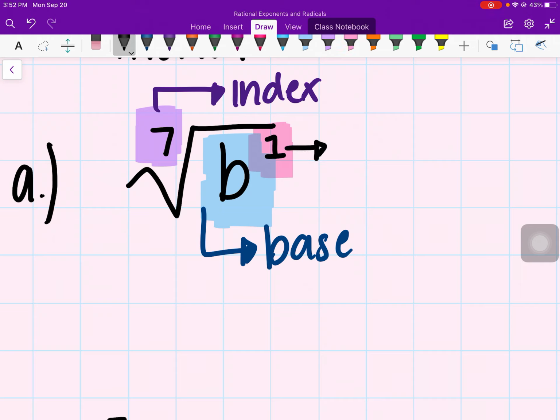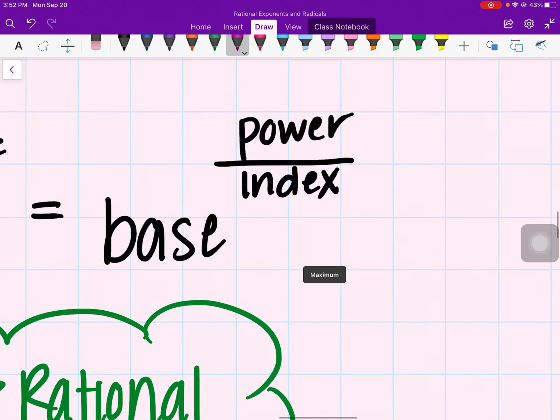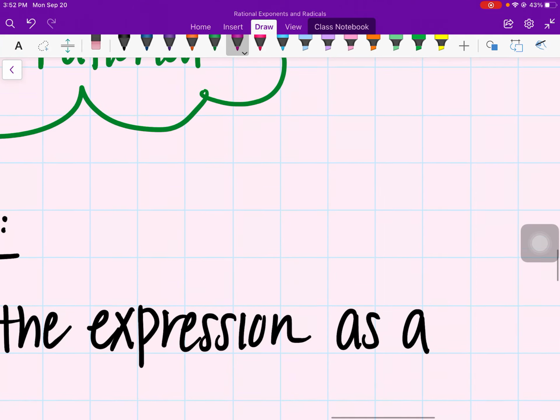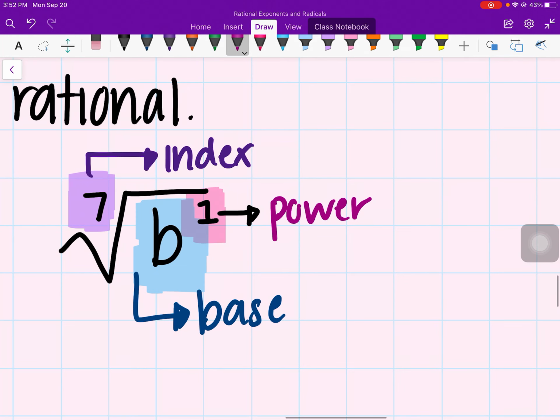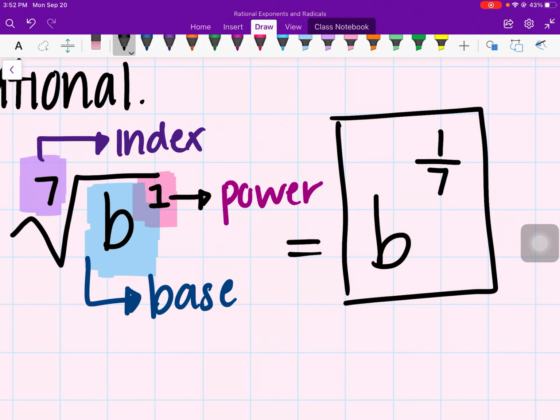In that case, it was imaginary. So when we rewrite our expression as a rational, we're going to have the base to the power over the index. So in this case, the base is b, our power is 1, the index is 7. So our answer is b to the 1/7.